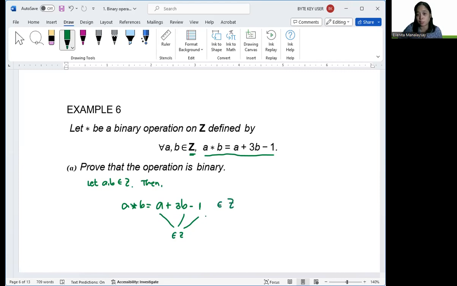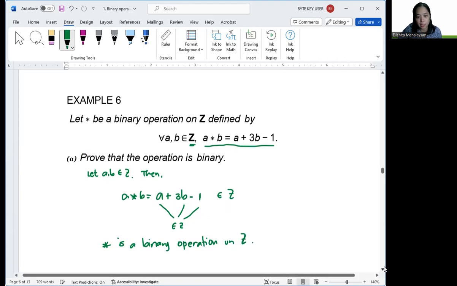So therefore, it's closed. Closure property holds. So we will say that star is a binary operation on the set of integers. Next.